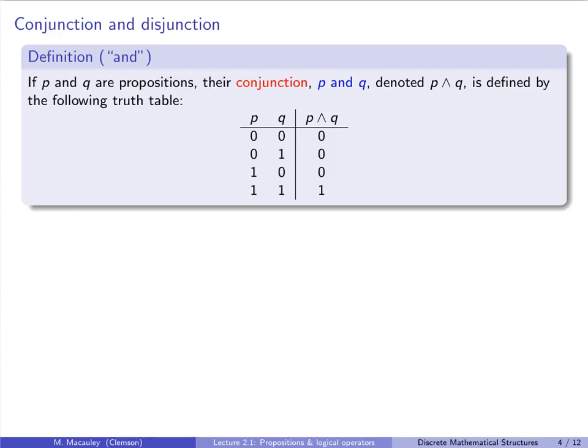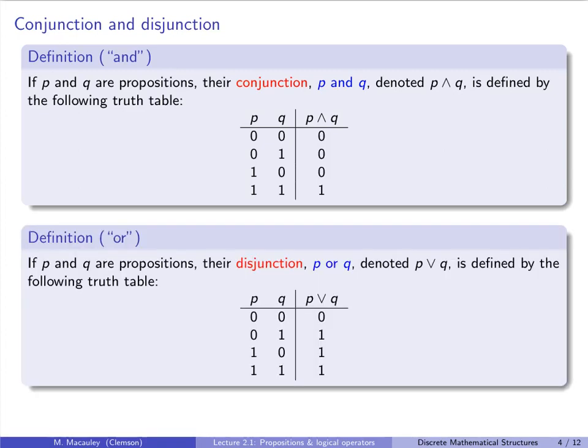We have a column for all possible inputs, P and Q. So there are clearly 4 inputs: 0,0, 0,1, 1,0, and 1,1. This order is not necessarily standardized, but I'll stick with it throughout. And then the last column is the output. Notice that the output is 1 if and only if both P and Q take a value of 1, hence the name AND.